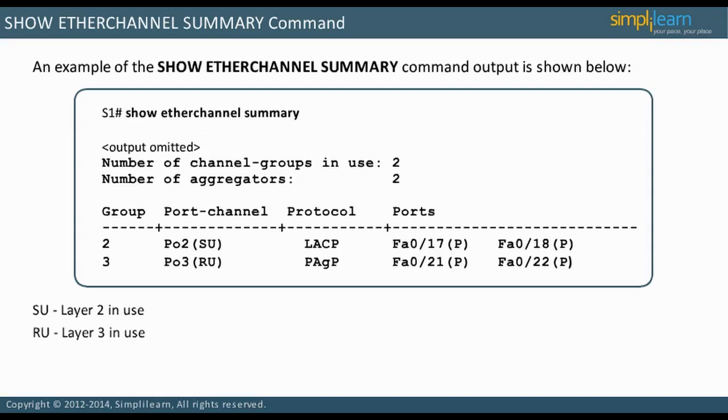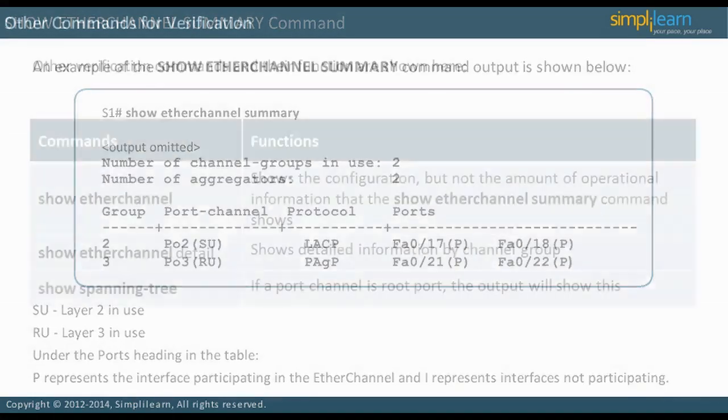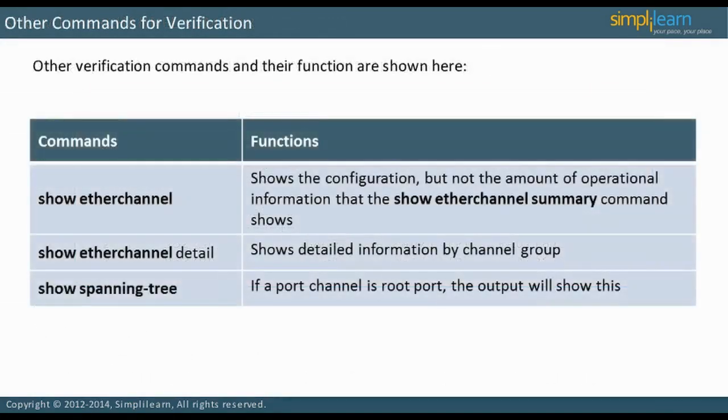The letters RU mean a Layer 3 channel is up and in use. Again, there are two underlying ports, Fa0/21 and Fa0/22. Note, under the Ports heading in the table, P represents an interface participating in the EtherChannel, and the letter I represents interfaces not participating. Take some time to read the output. The table on the slide displays other verification commands and their functions. Take some time to study it.